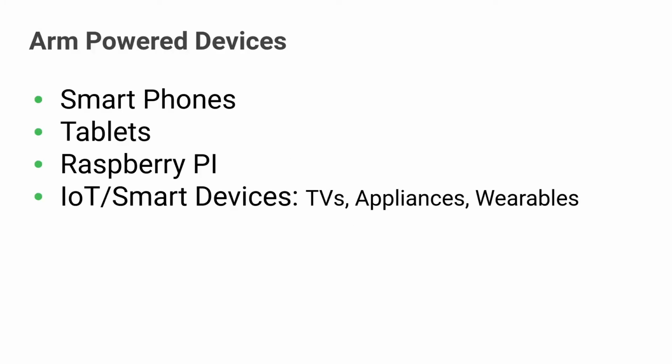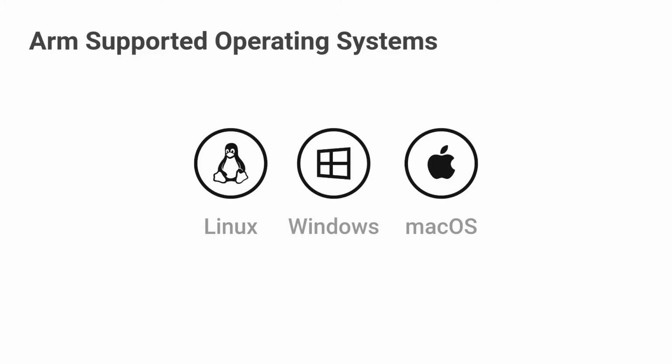ARM processors power a lot of smartphones, tablets, Raspberry Pis, and tons of IoT and smart devices such as televisions, appliances, and wearables. ARM is in almost all of the mobile devices we use day to day, and it's supported by pretty much all the major operating systems.